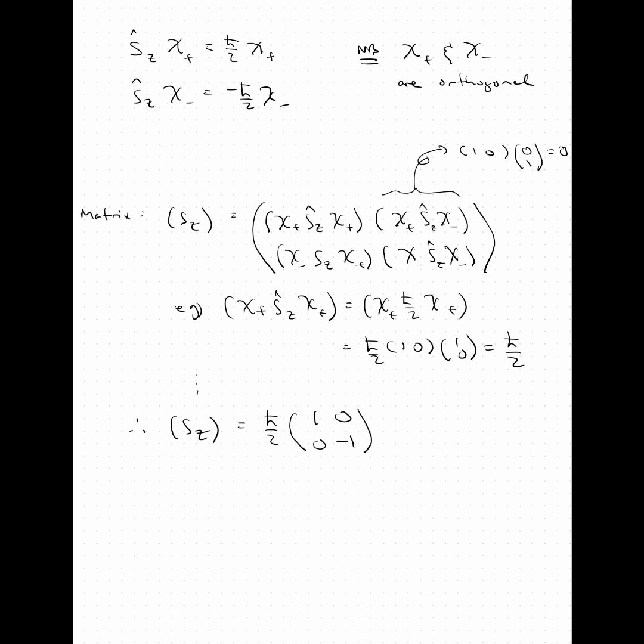Also, with no proof, S squared is Sx squared plus Sy squared plus Sz squared. This evaluates to 3/4 h bar squared times the matrix 1, 0, 0, 1.